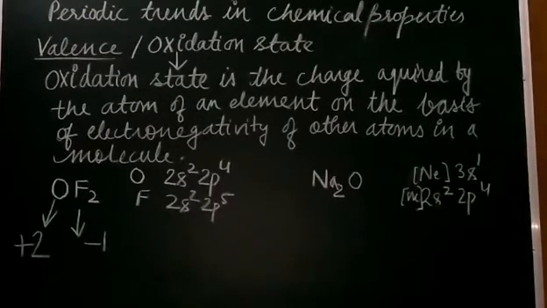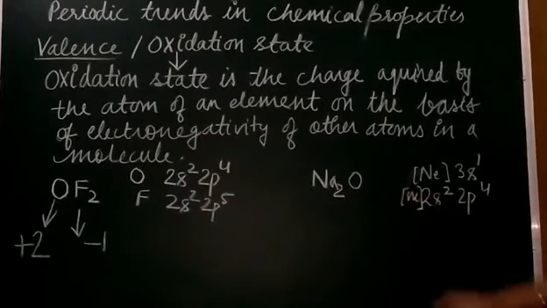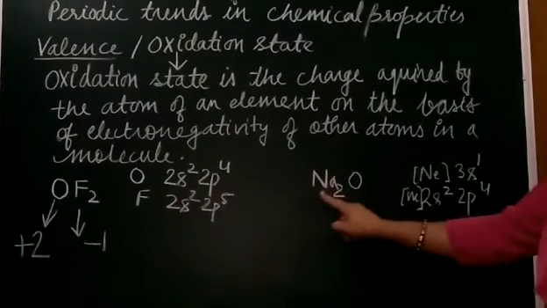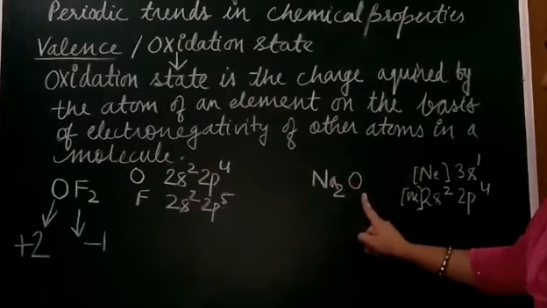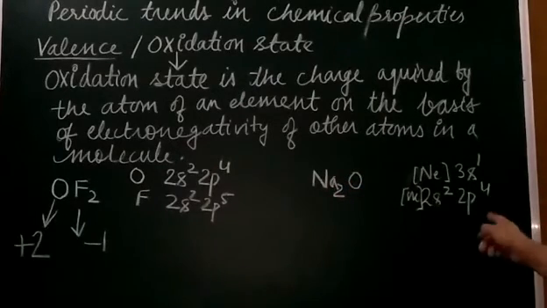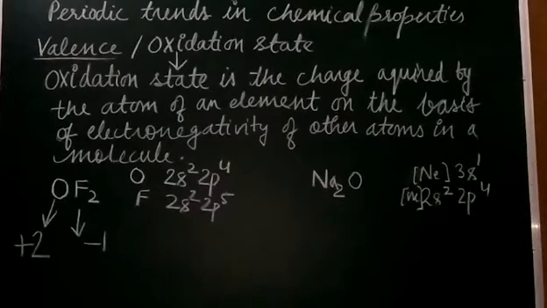Now student, in this compound, that is sodium oxide, if you check the electronic configuration of neon and that of oxygen, you will find that for the formation of Na2O, oxygen being more electronegative accepts the electrons, one from each of the two sodium atoms, and thus the oxidation state of oxygen is -2. If you compare the electronegativity of sodium and oxygen, you will find that the electronegativity of oxygen is more than sodium, right?